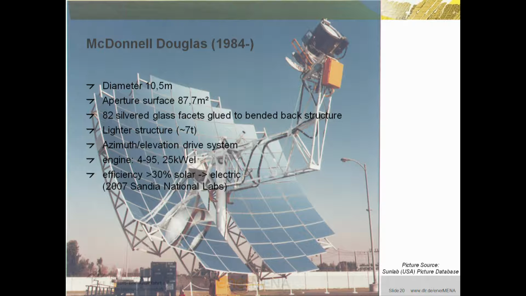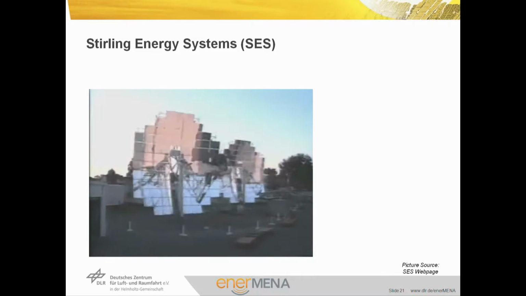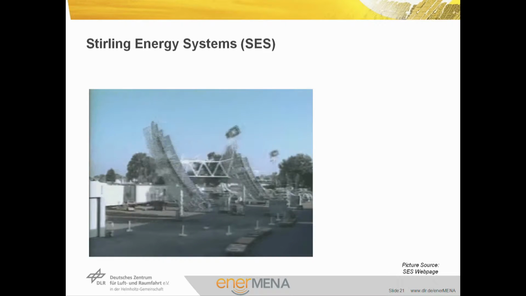It has an azimuth elevation drive system, the 495 engine with 25 kilowatts, and a solar to electric conversion efficiency of more than 30%, which was a record that was demonstrated in 2007 by Sandia National Labs.